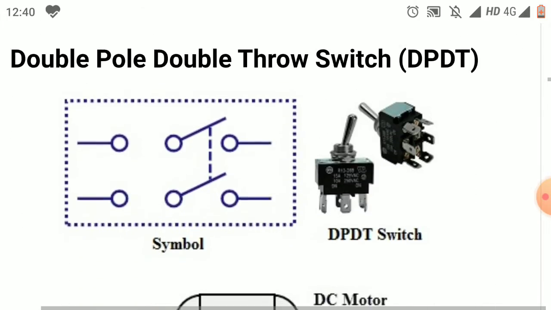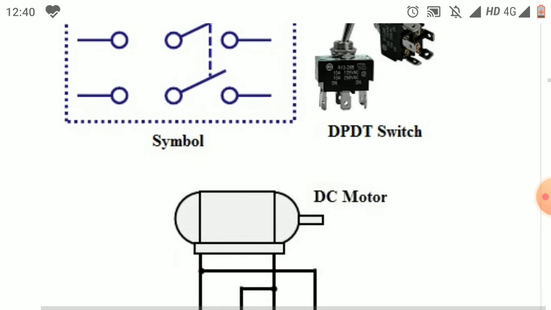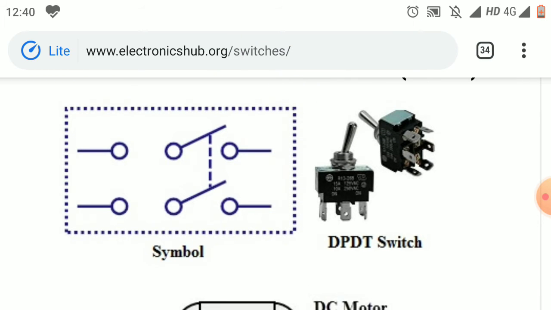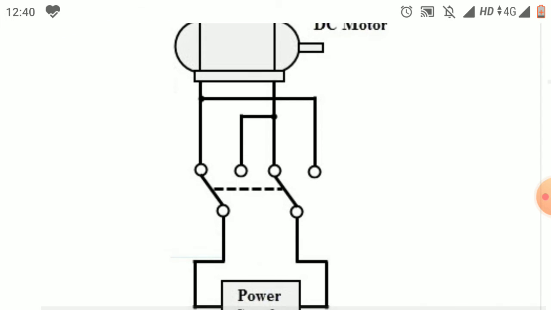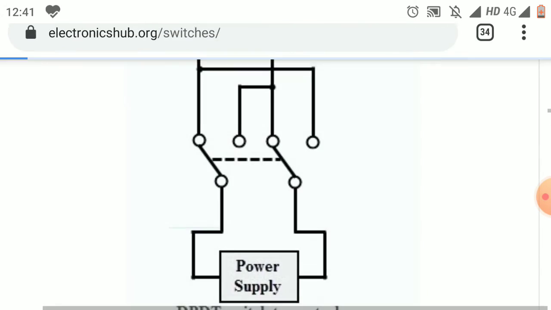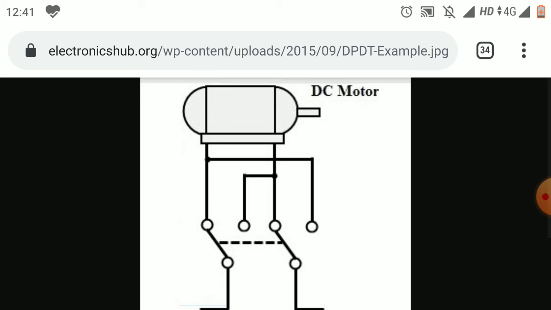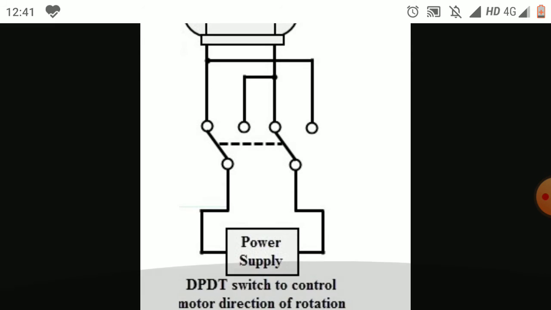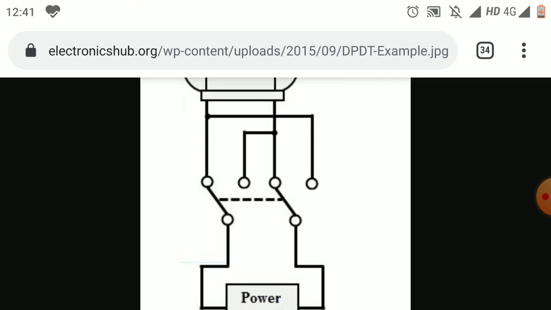Next is the double pole double throw switch. The symbol is given over here. Double pole double throw switches are used for controlling the direction of rotation of a DC motor. It has one power supply, and at the input side it has two poles, and the output side has four output terminals, but the throw is single.